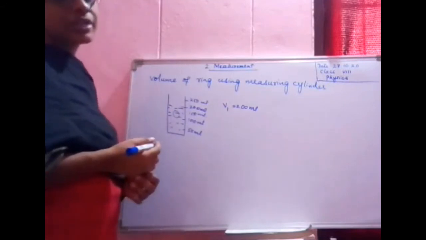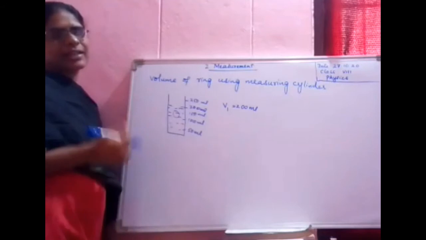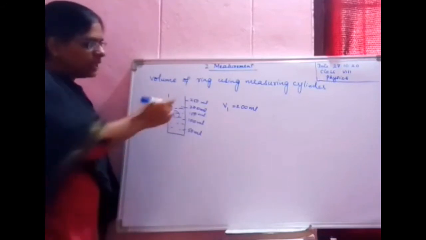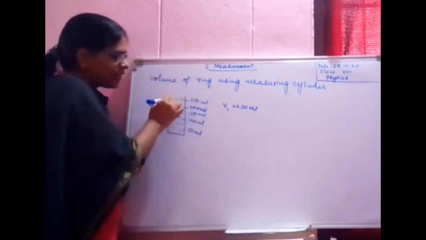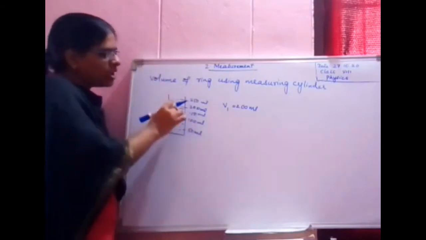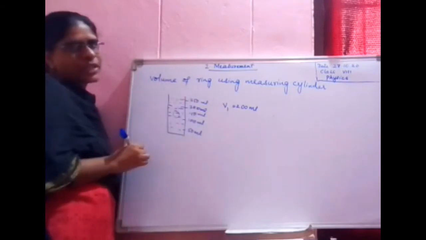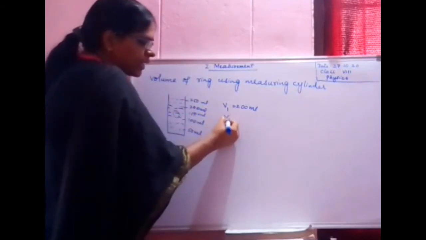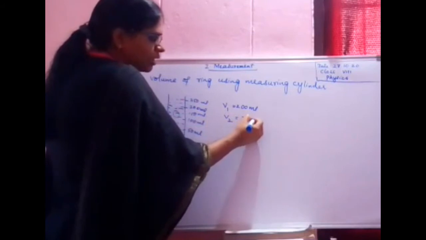Children, what do you say? Does the level of the liquid rise or does it decrease? I observe that the level of the liquid has risen. When I dropped the stone, the volume of the liquid rose to 250 ml. Let V2 be the final volume, 250 ml.